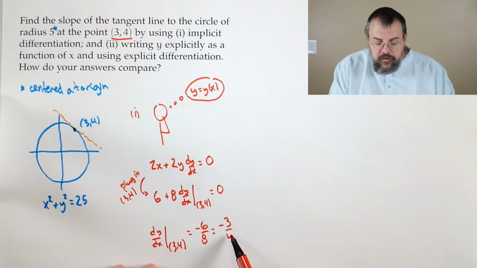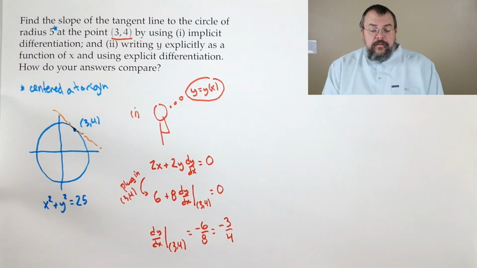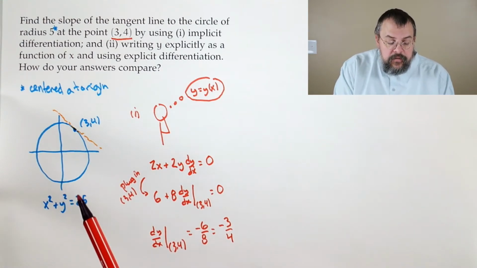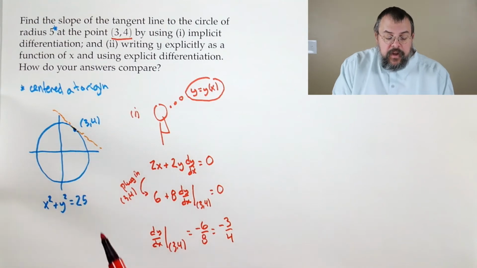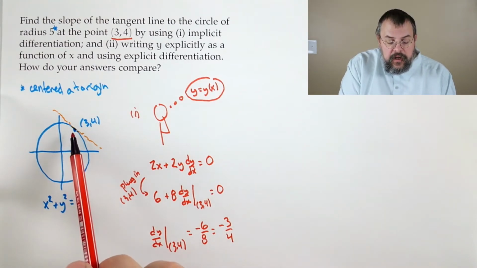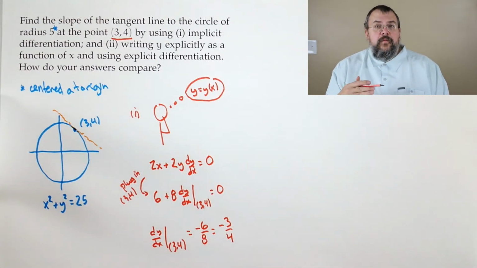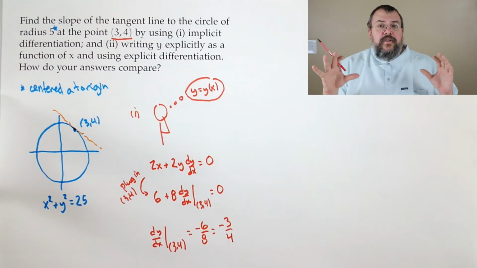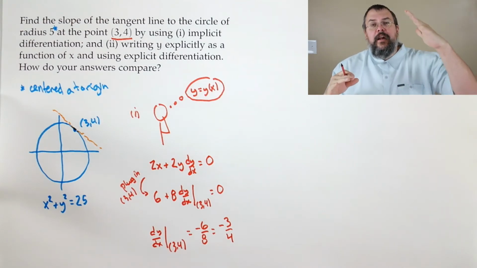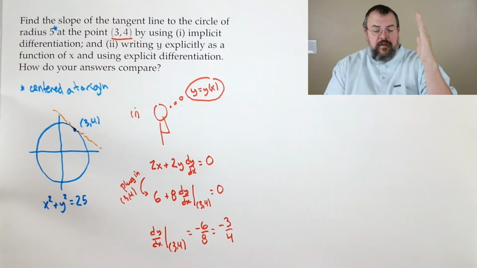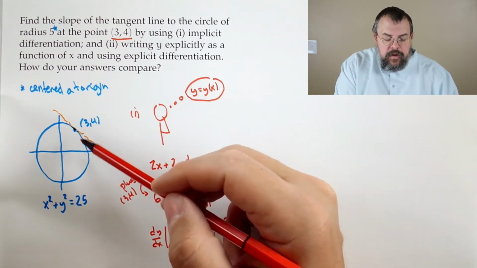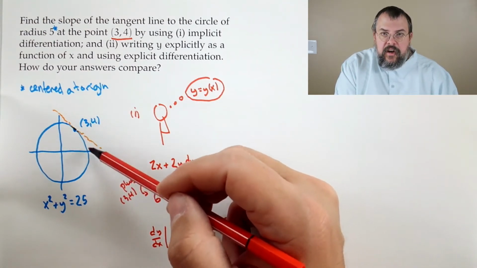Okay, so that kind of agrees with what we're thinking of. It should be a negative slope. And if you think about where the point (3, 4) is, it should be not very negative. In other words, it should be more of a shallower slope. It shouldn't be steep. A steep one would be if I was near the edge here.